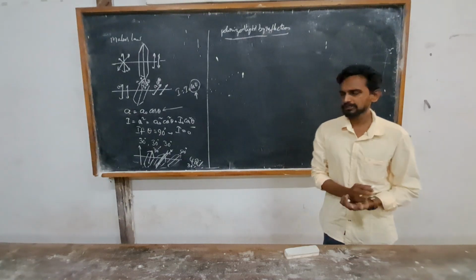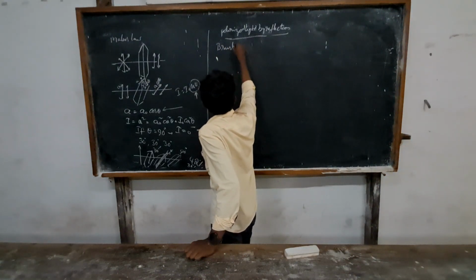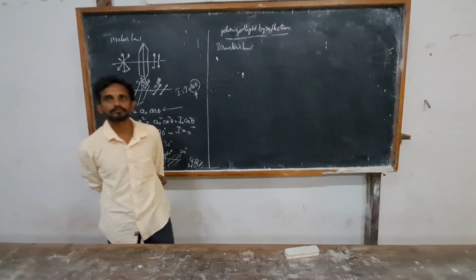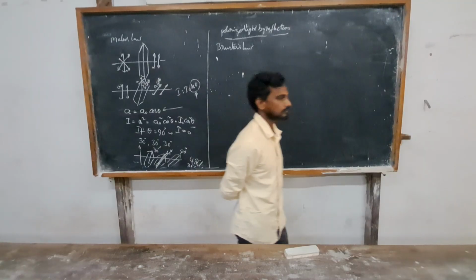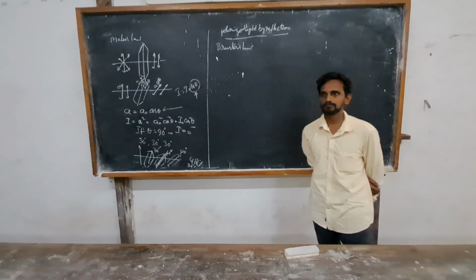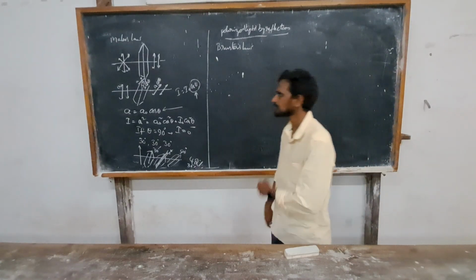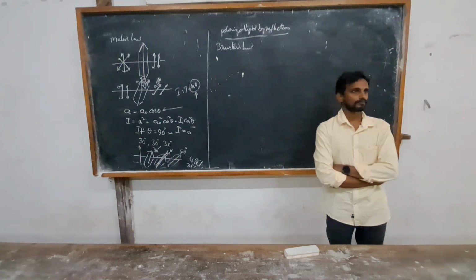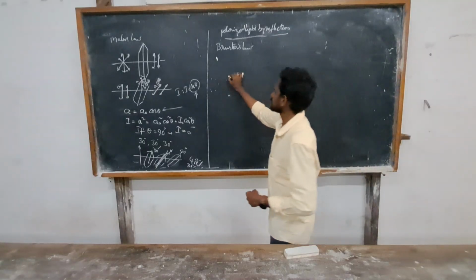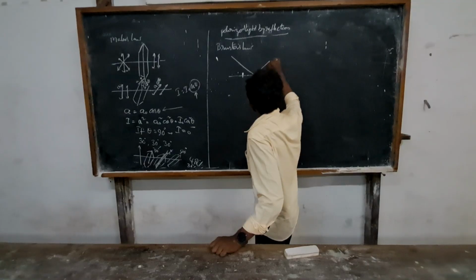So here the controlling principle is Brewster's law. There is a certain angle of incidence.